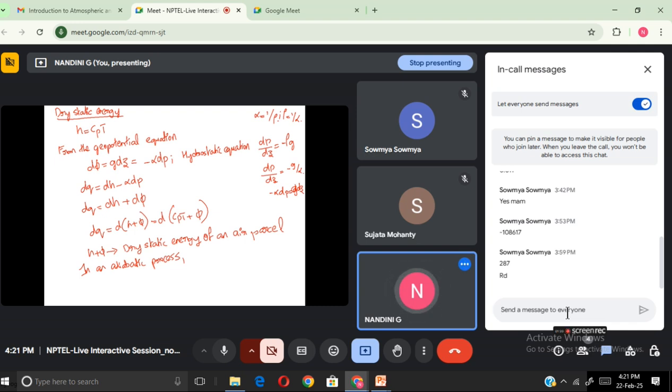In the equation dq equals d of (h plus phi), which quantity will become zero if we are not supplying any heat to the system? Phi, you are telling.